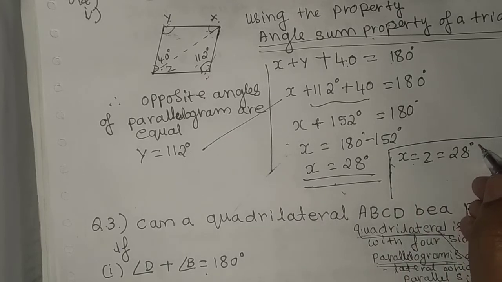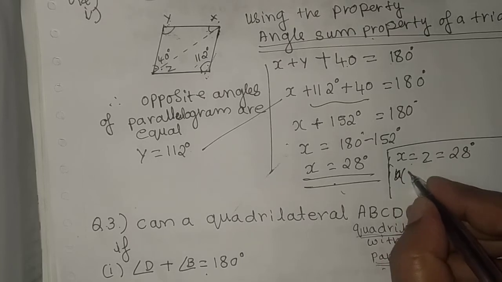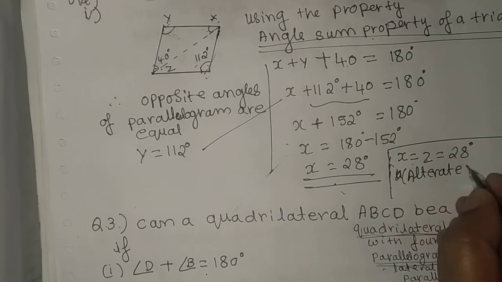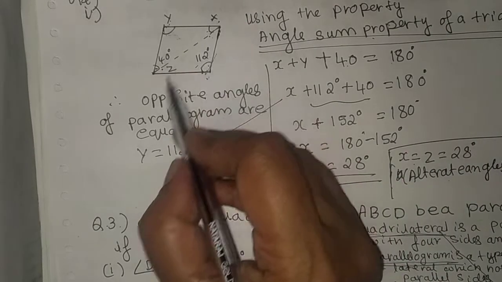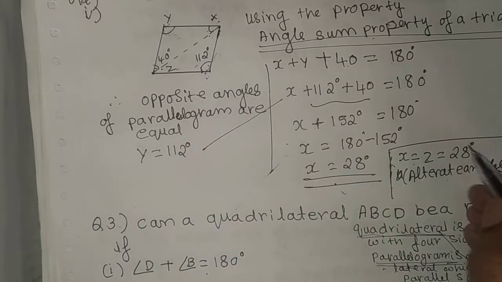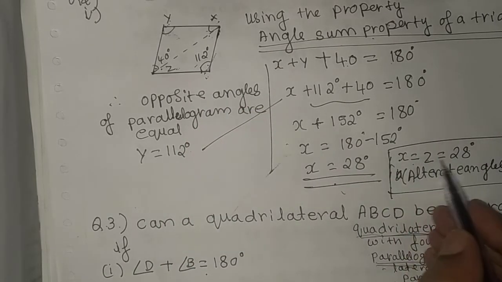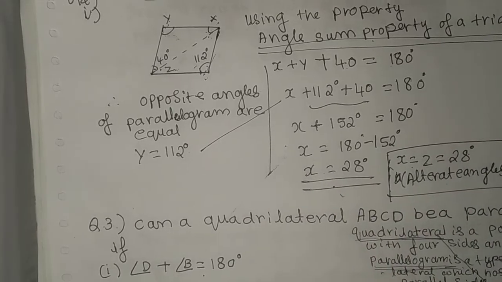Let me write in the bracket, alternate angles. So x and z are alternate angles. Both x and z are 28 degrees.